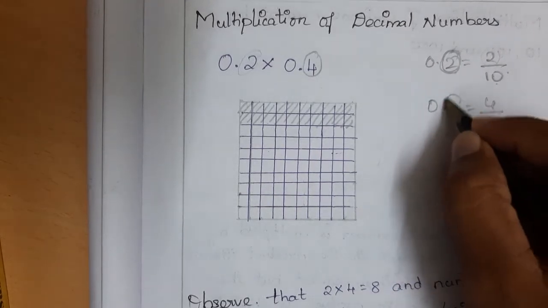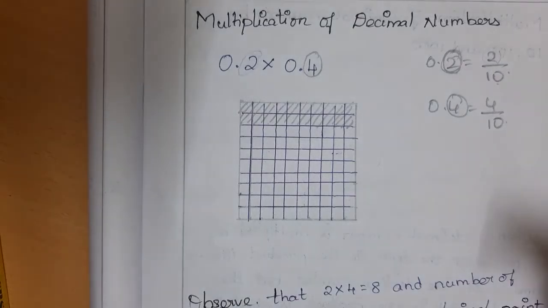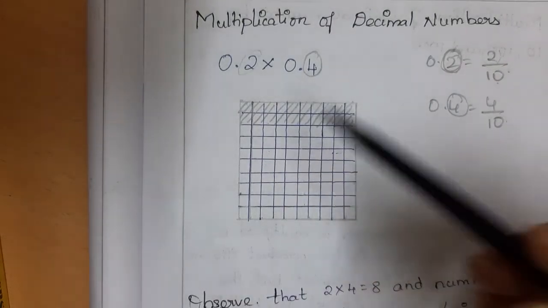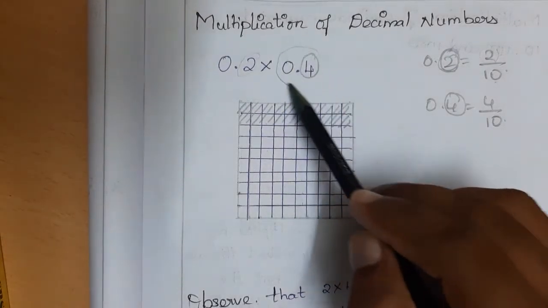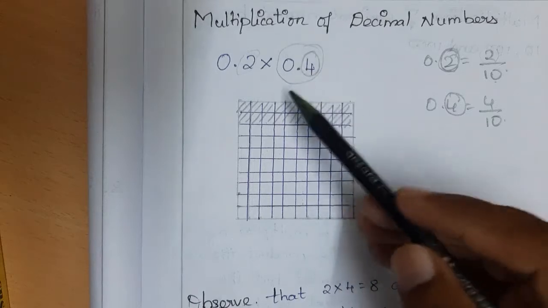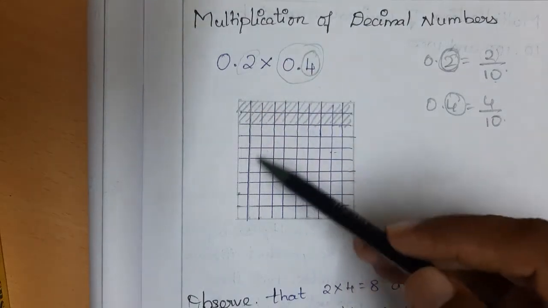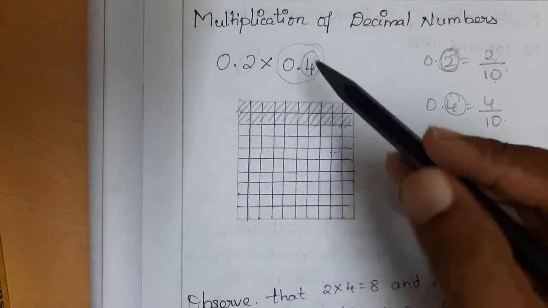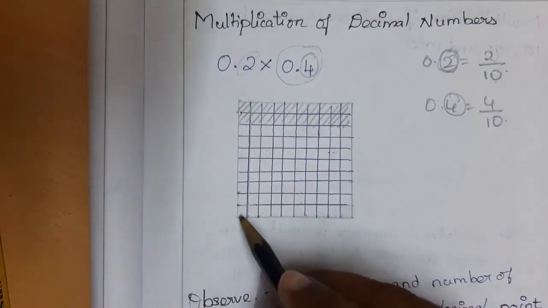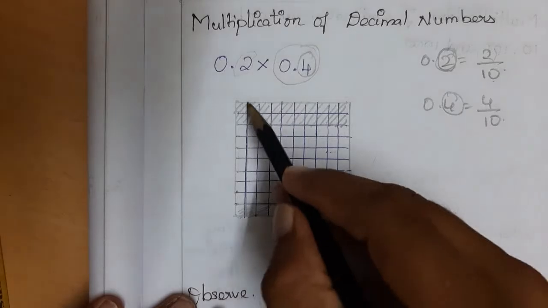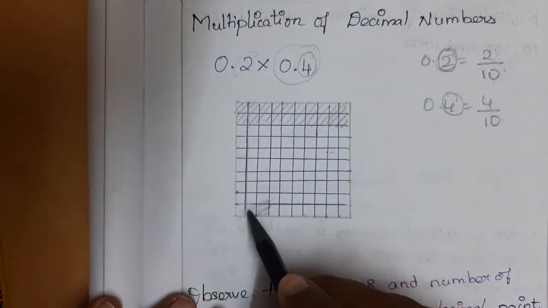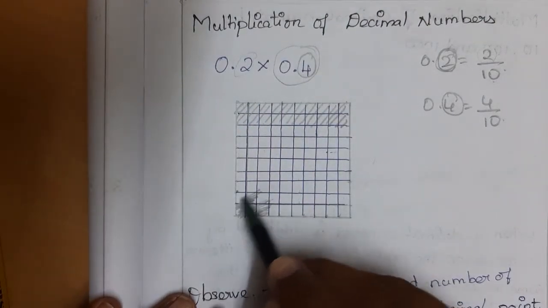While expanding the decimal numbers, it's 4 by 10. So the vertical line represents the second decimal number. That vertical line I'm going to shade for the 4, with a full shade, because I represent the other with a line.